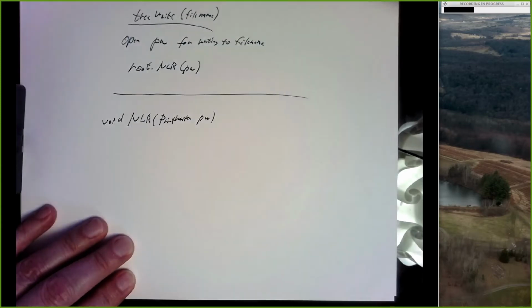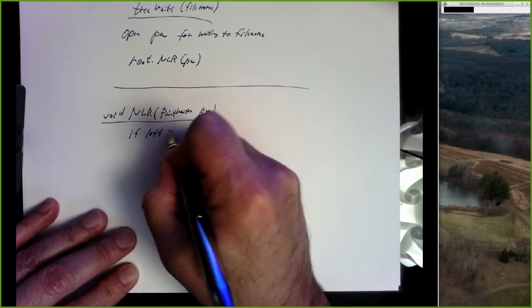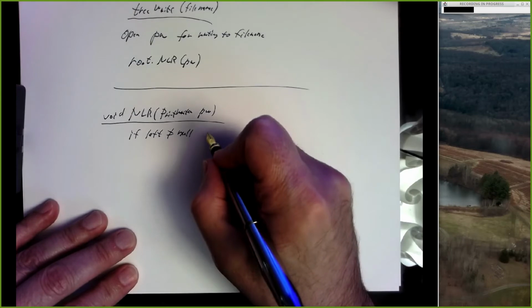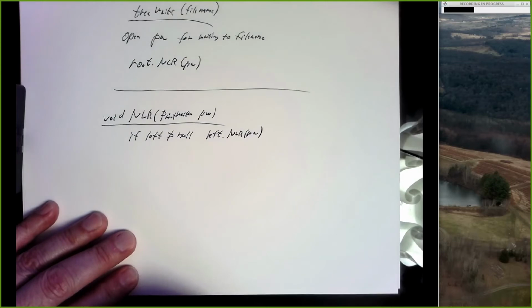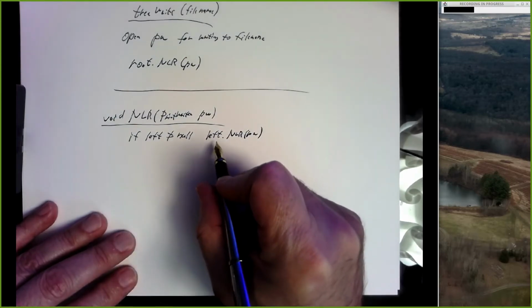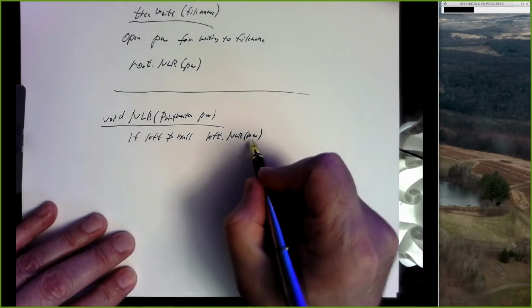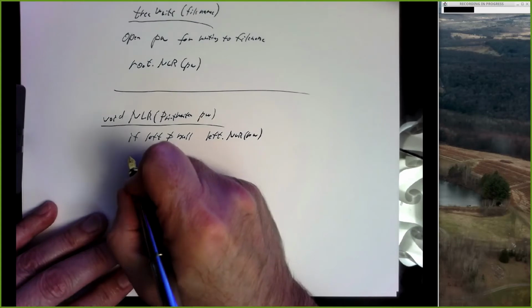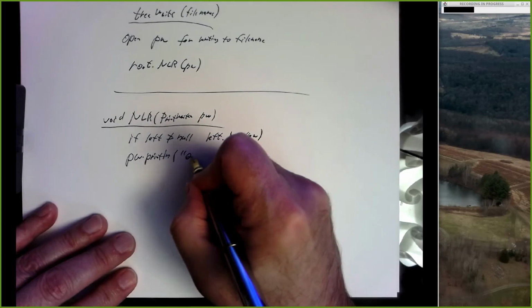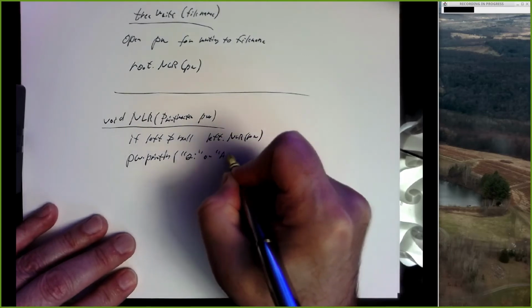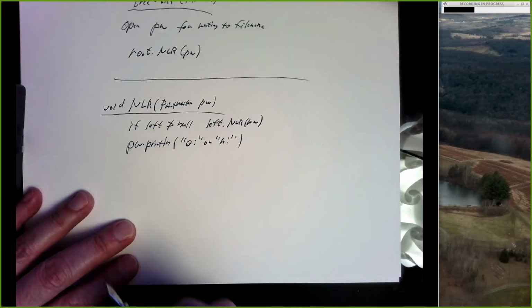Here's what my node left right method could look like. If left is not equal to null, then left dot NLR, passing the PW. This will use the left node's traversal method to write the entire left subtree into this file. And then pw.println, and we're going to print either a Q or an A, depending on whether this node, the root node, is a question or an answer.